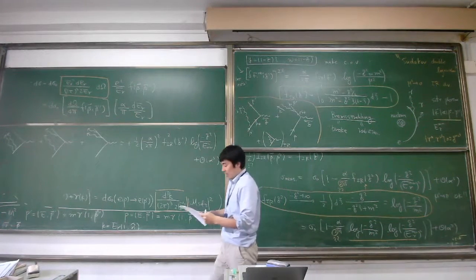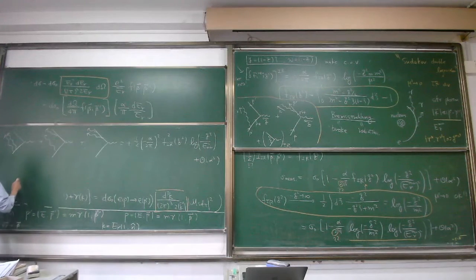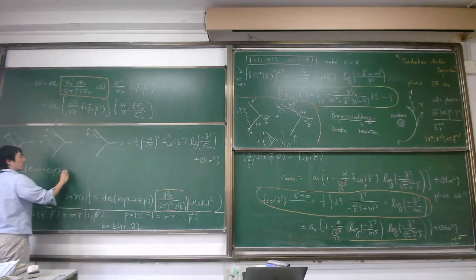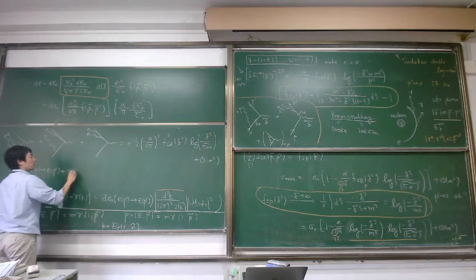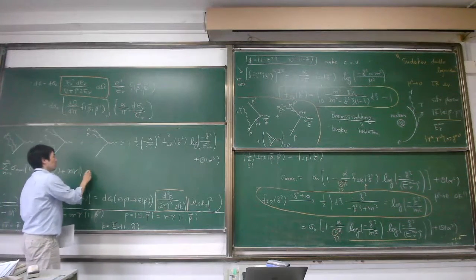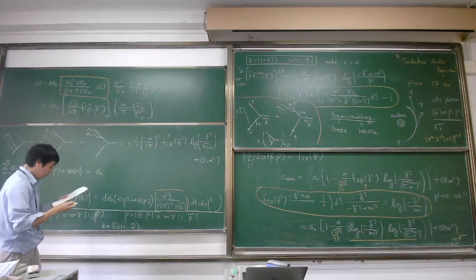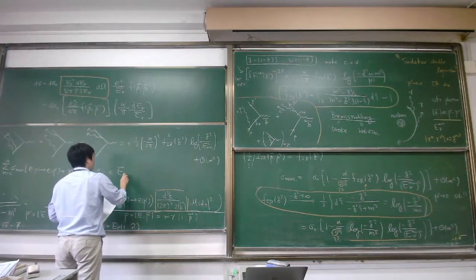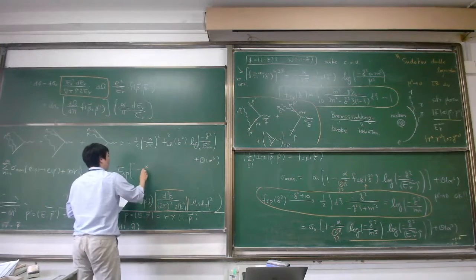So at the end of the day, if you include all the photons, the diagrams, sigma measured for e p going to e p prime plus multiple photons, n gamma, and the sum over n from 0 to infinity, is indeed sigma 0 times exponential of minus alpha over 2 pi.